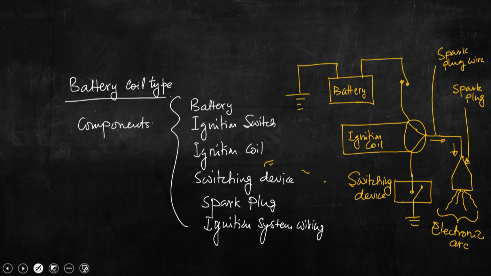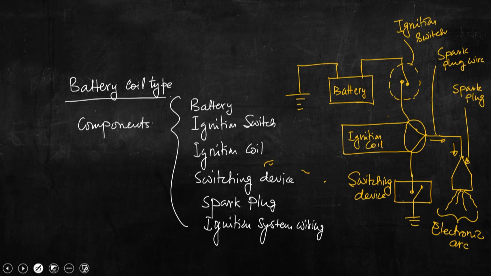Okay. Now, and this is basically the ignition switch. So, this is the ignition switch. So, this is the schematic depiction of a battery coil type.